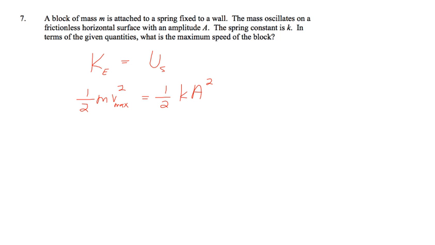When I multiply through by 2 and the halves cancel out, solving for Vmax, I'm going to get K A squared over M. Now that would equal V squared, because if I bring the M down there, I get K A squared divided by M, and I want Vmax, not Vmax squared, so I'm going to take the square root of that.